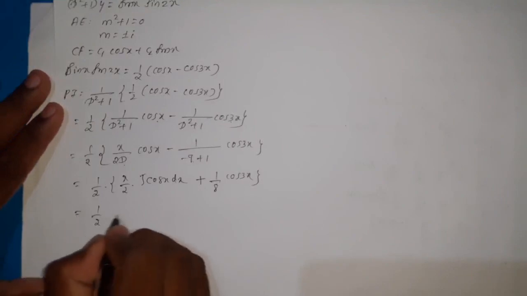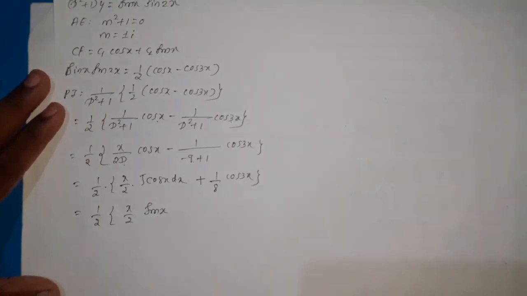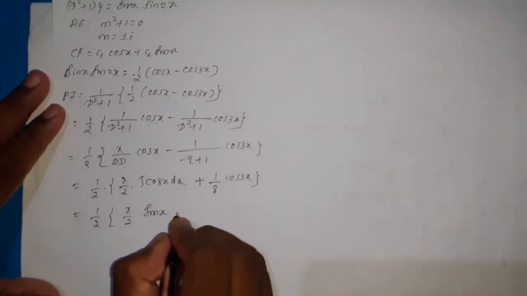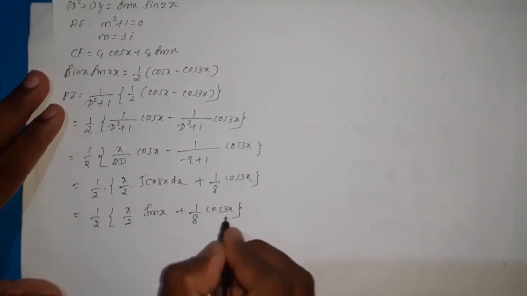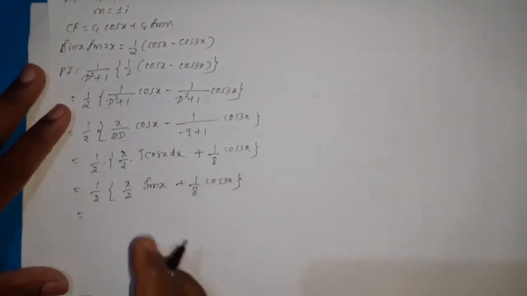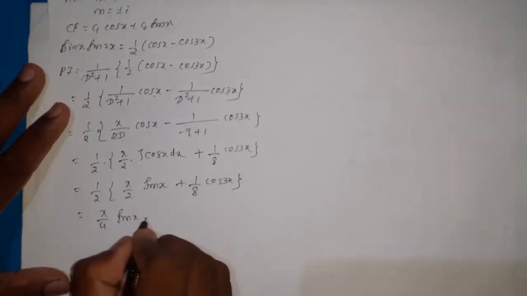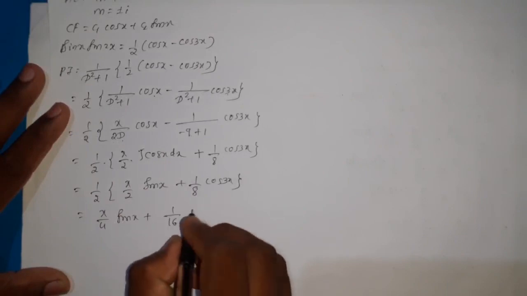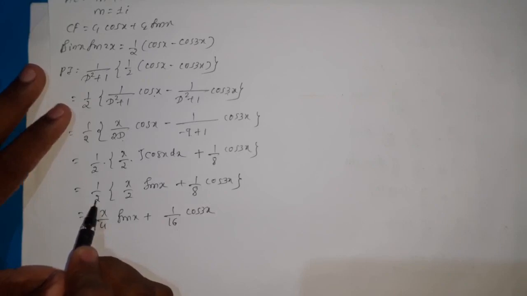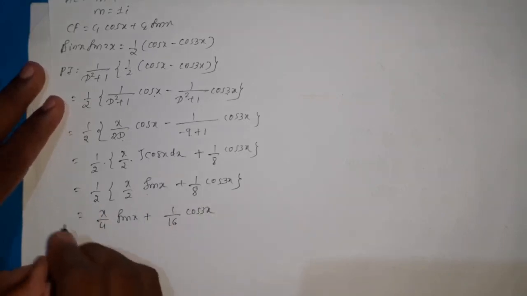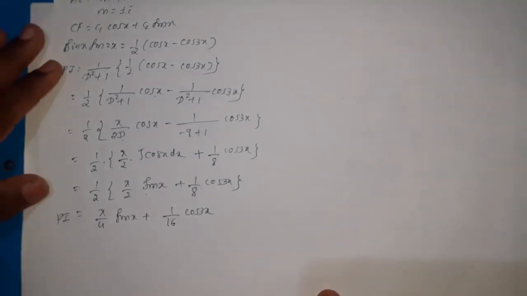Then it is equal to 1 by 2 [x by 2 into sin x, since integration of cos x is sin x, plus 1 by 8 into cos 3x]. Therefore it is equal to x by 4 sin x plus 1 by 16 cos 3x, by multiplying 1 by 2 for these two terms. So this is the required particular integral.